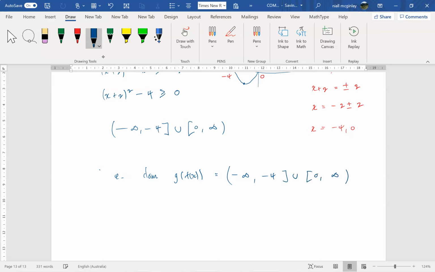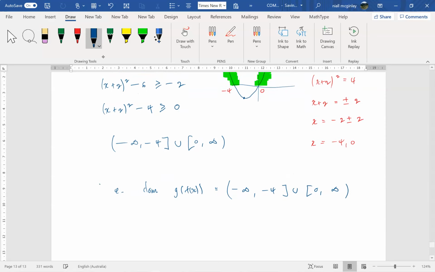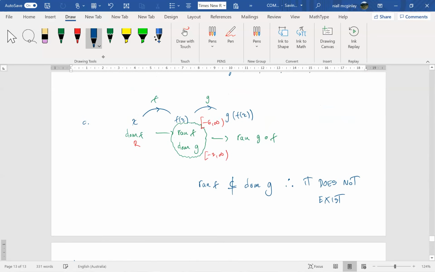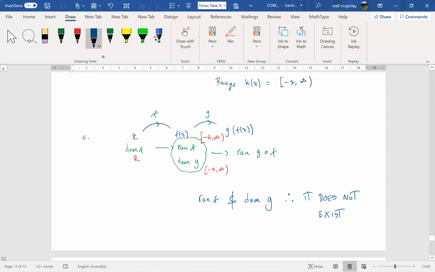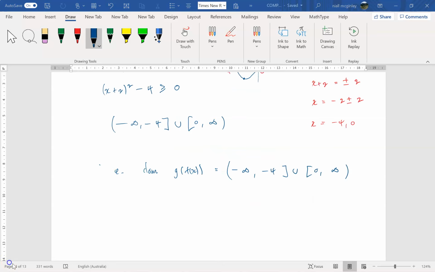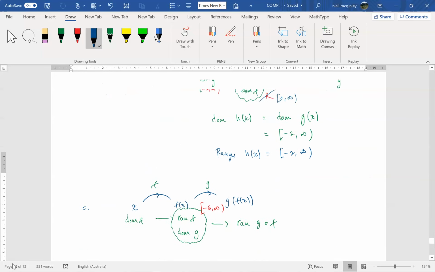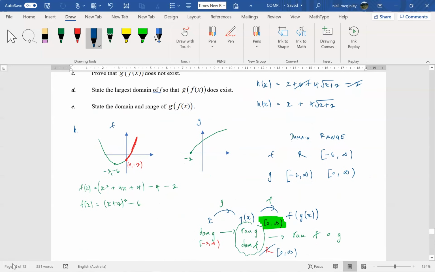To get the range, we're going to use the graphs again, so we need to look at a little sketch here. What's happening is we're getting these values out here, so we're restricting this to -2 to infinity. If we look at this new domain, going from negative infinity to -4 and 0 to infinity, if we look at f now, this will be -4 here, and it'll be symmetrical.